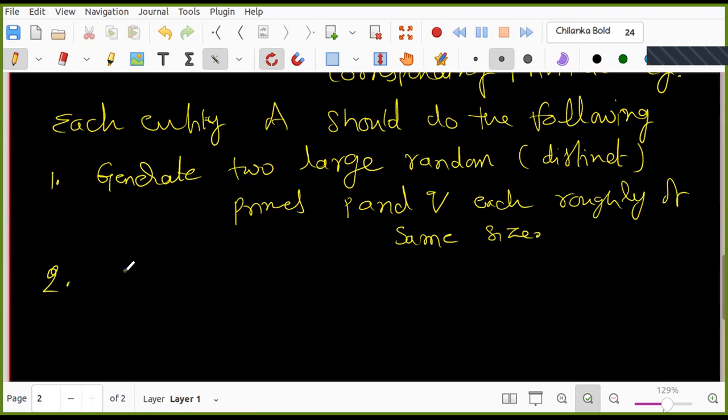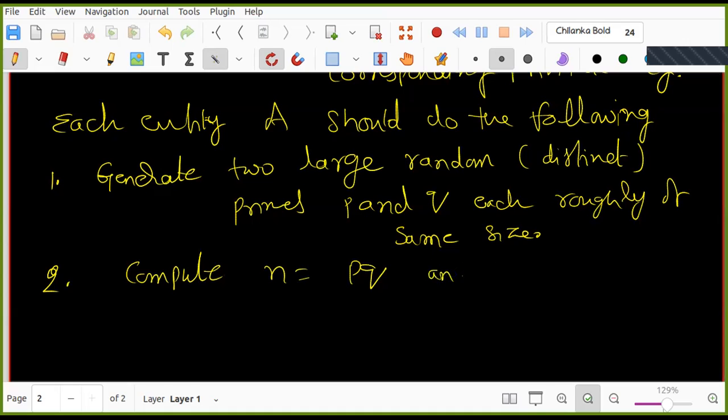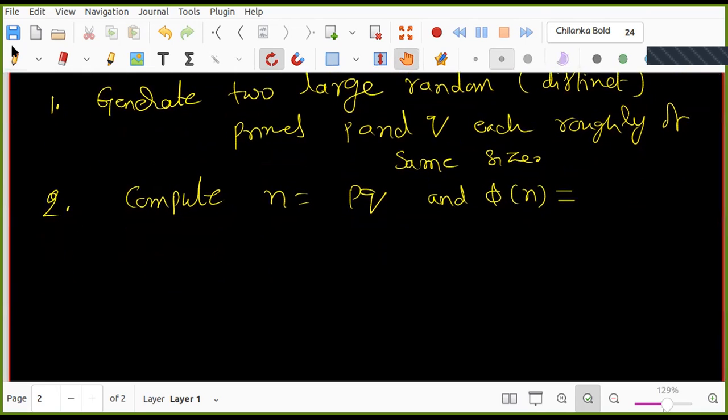Then he or she computes N is equal to P into Q. Right. N is equal to PQ and automatically, you know, phi of N. What is phi of N for this? You remember?